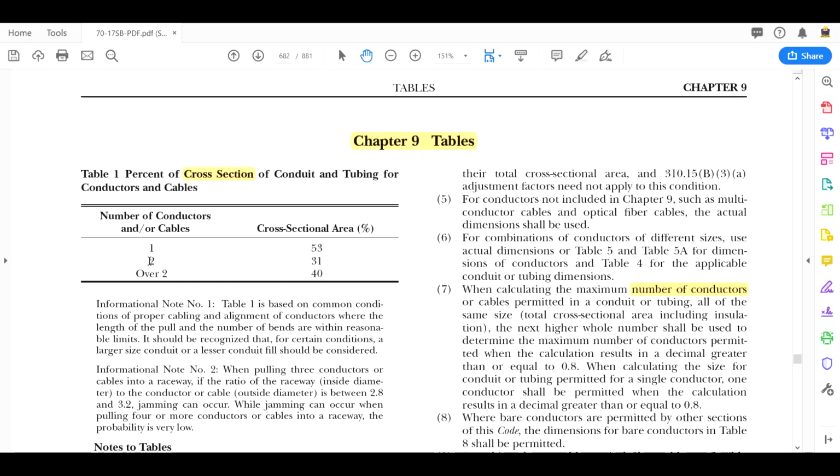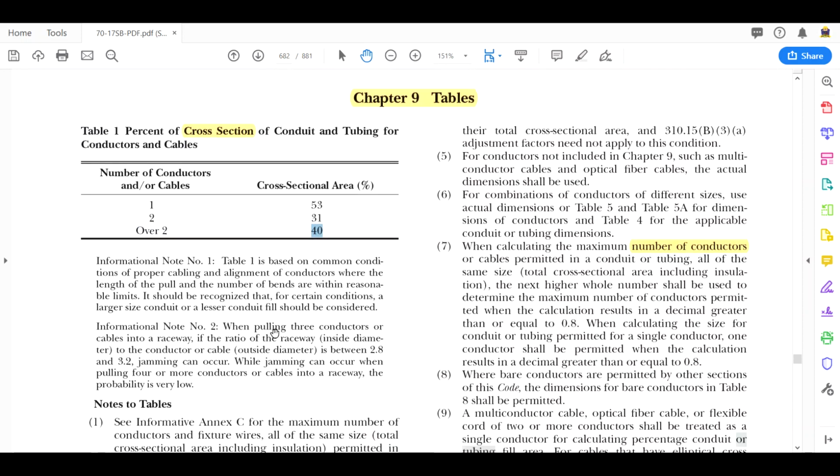If I have two conductors in a raceway, then whatever size they may be, I can fill that raceway up to as much as 31% of the cross-sectional area of that raceway. And when I have three or more, or over two, then I can fill that raceway up and I can't exceed 40% of that raceway fill. So that's what Table 1 is talking about. These are our percentage fills that we can't exceed: 40, 31, and 53.